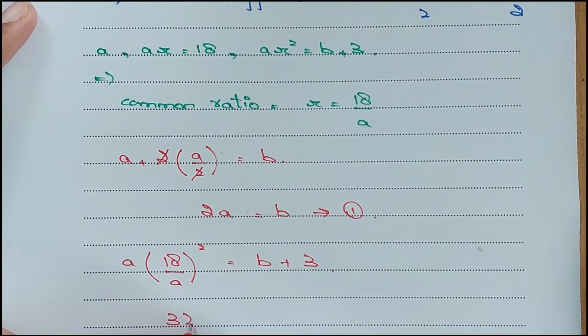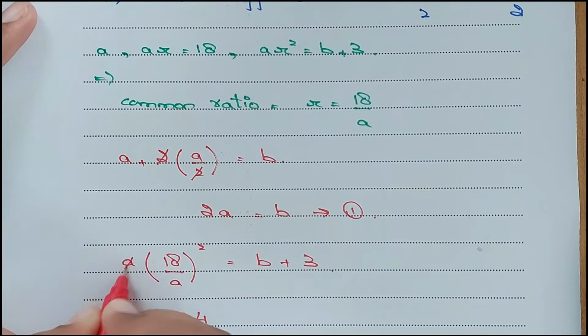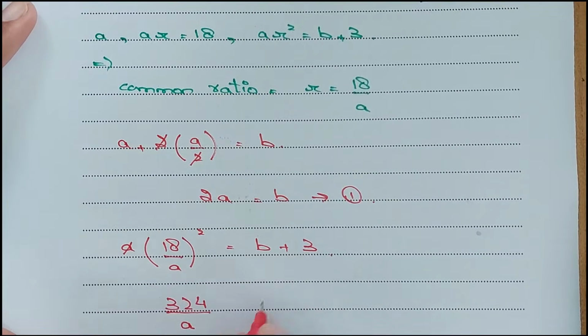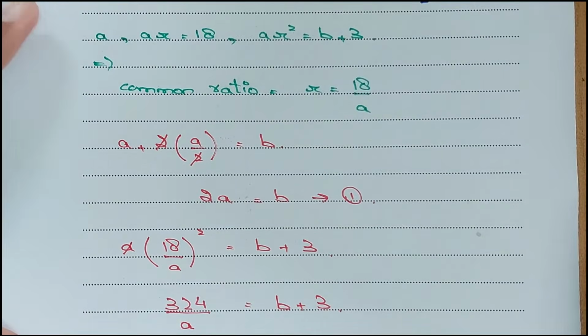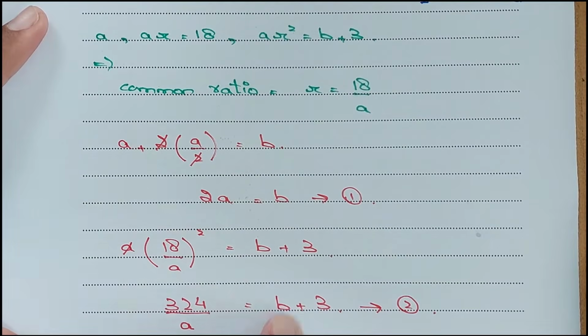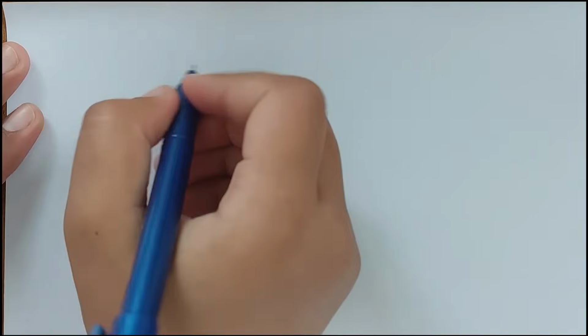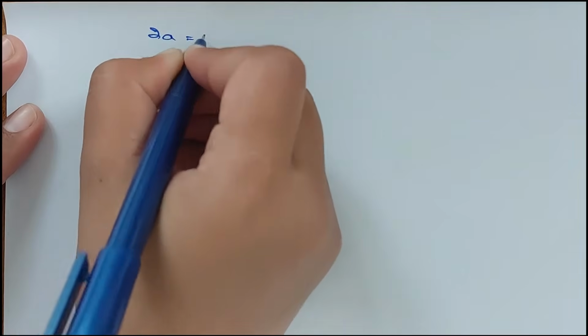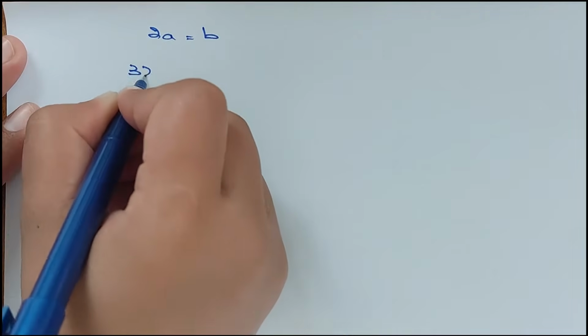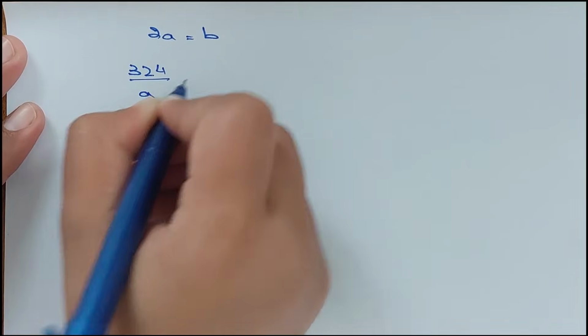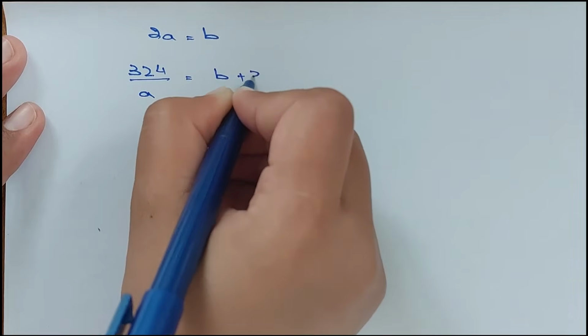So 324 is A square, this is 1 over A. A is cancelled with the square, so 324 over A would be equal to B plus 3, right? Take this as my equation number 2, right? So substitute that B value over here, which is equal to 2A, and solve for A.